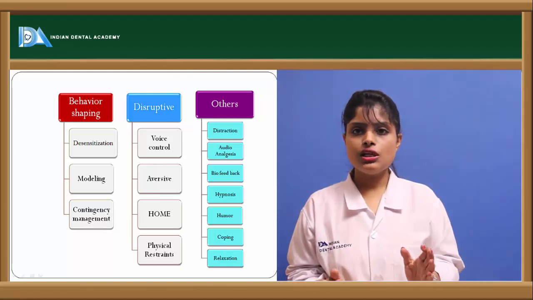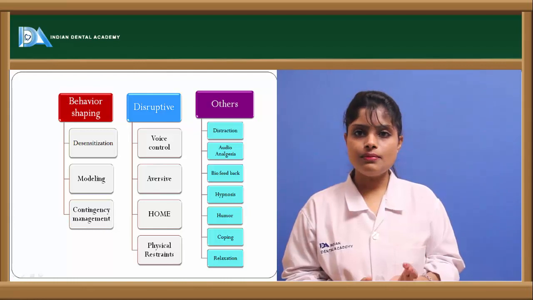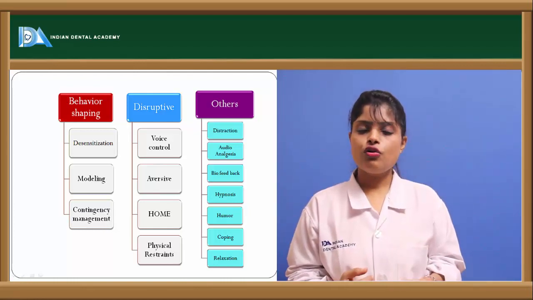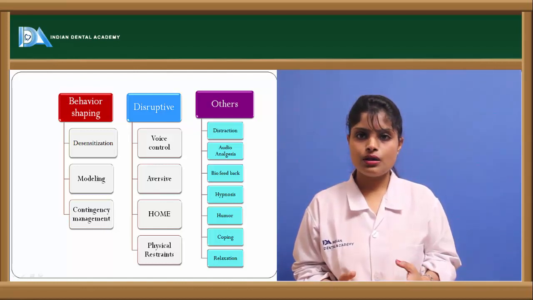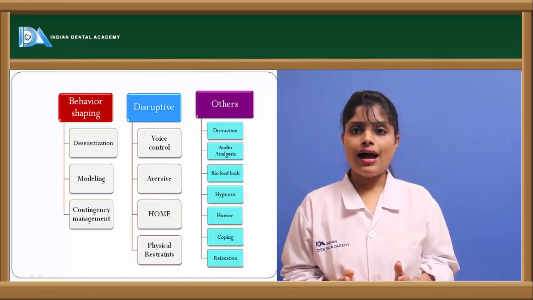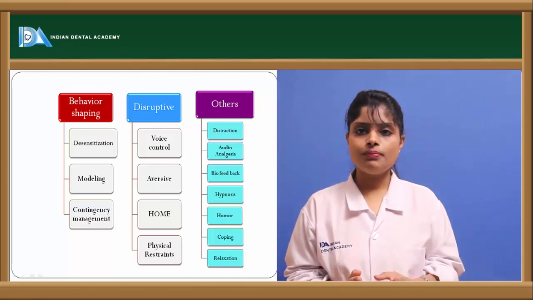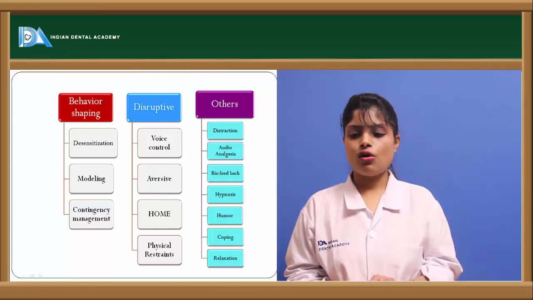The head can be kept stable by forearm body support and by a head positioner. Generally, a highly uncooperative child will need these techniques, and informed consent is mandatory from the parents.